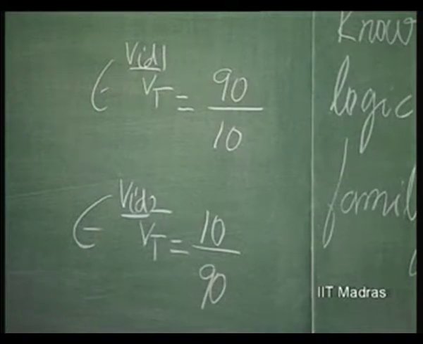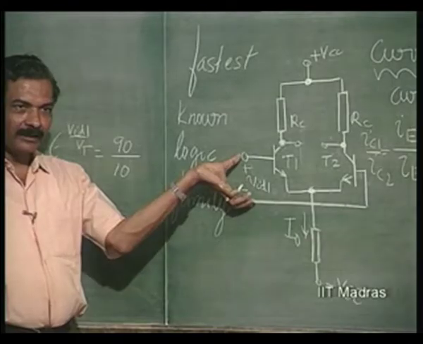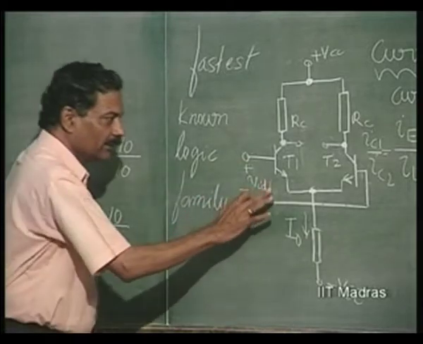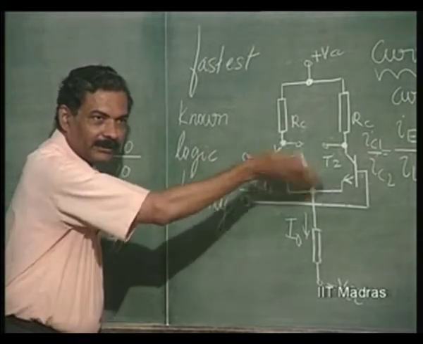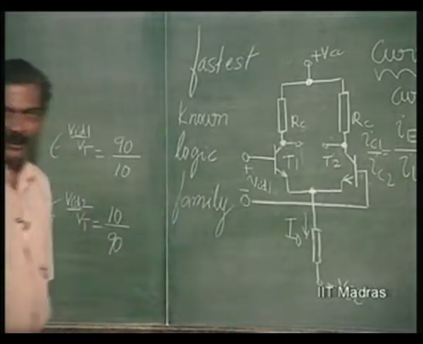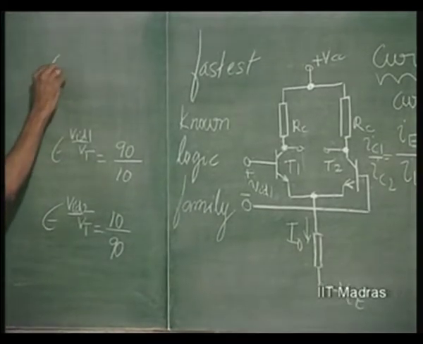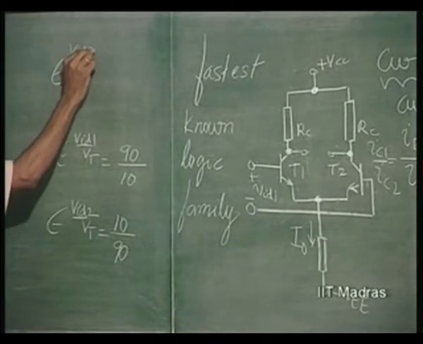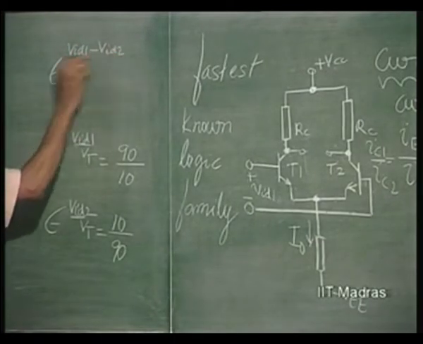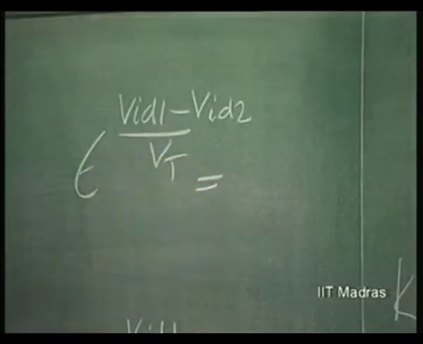And what do we need? We need VID1 minus VID2. What is the extent of variation which will cause this switching from one transistor to the other and vice versa? So you divide this one by the other, you get exponent VID1 minus VID2 by Vt equal to, how much is it?